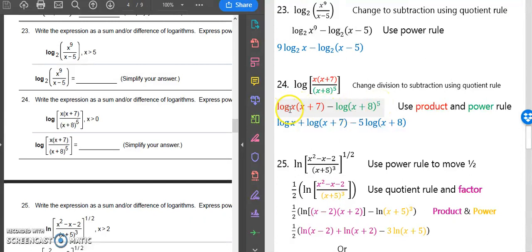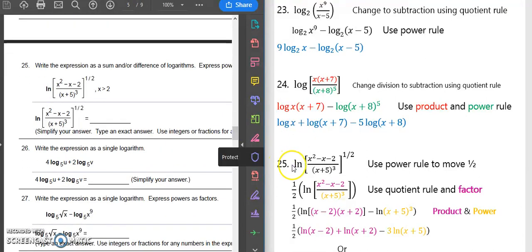So we'll change this to log of x plus log of x plus 7, and it'll be minus 5 log of x plus 8. So this 5 came down in front. We changed this x times x plus 7 to an addition of logarithmic expressions.